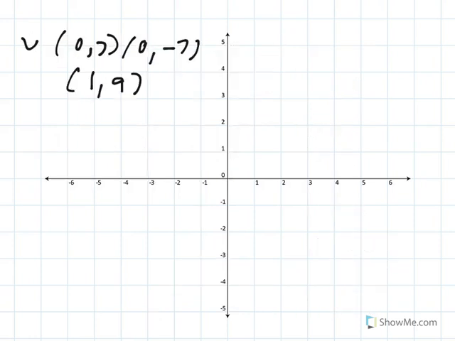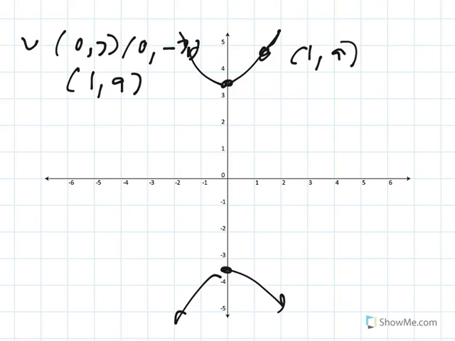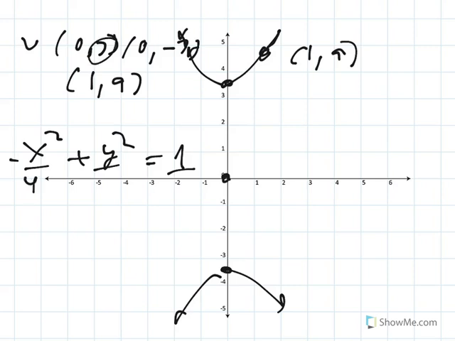Here's a question where the given information are the two vertices and some random other point that it goes through. Now just based on the two vertices, we know the center (0, 0) is halfway between. So now we have minus x squared plus y squared equals 1. And I know the vertices are 7, so 49, 7 squared goes underneath the y squared.